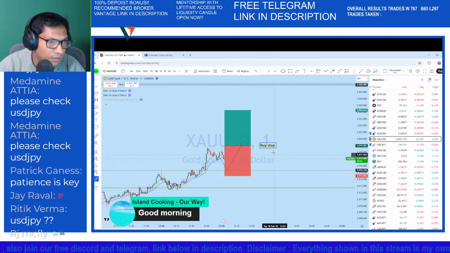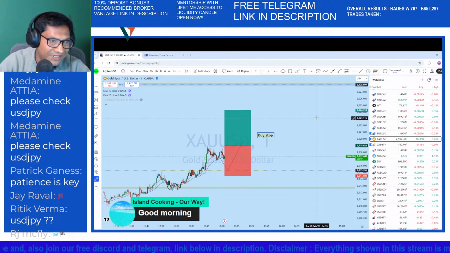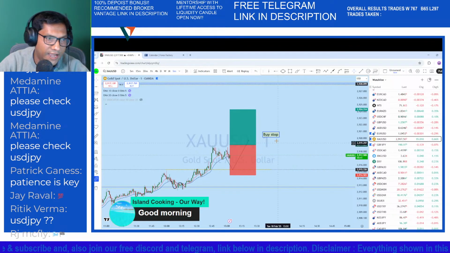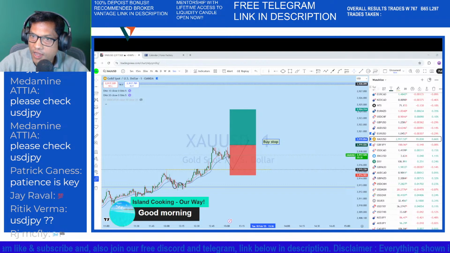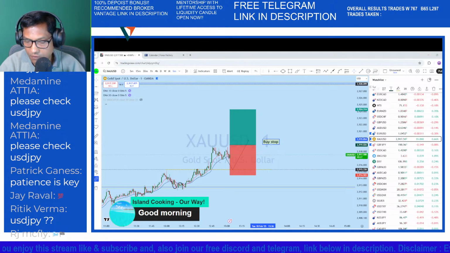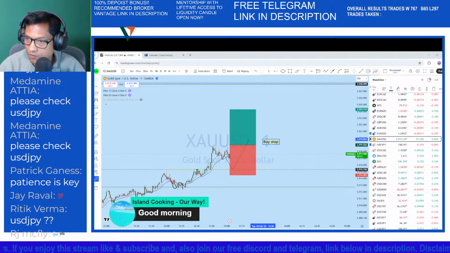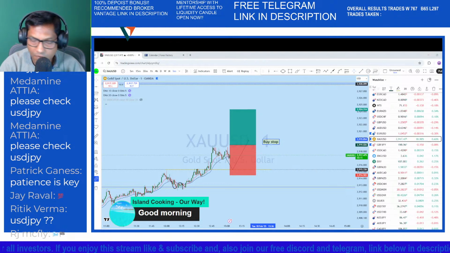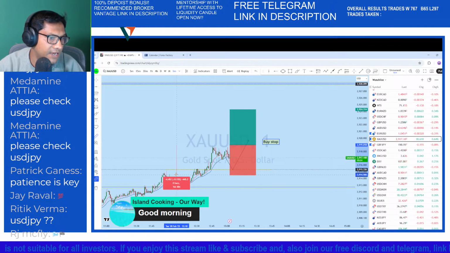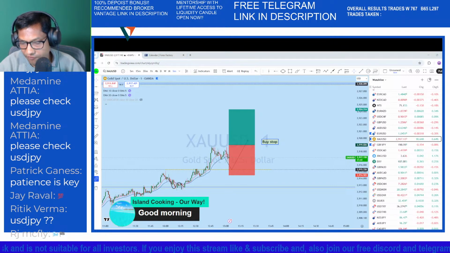So buy stop at 2919.02. Okay, so placing a buy stop at 2919.02, and so here is placed a buy stop at that level with a 45 pip stop loss.